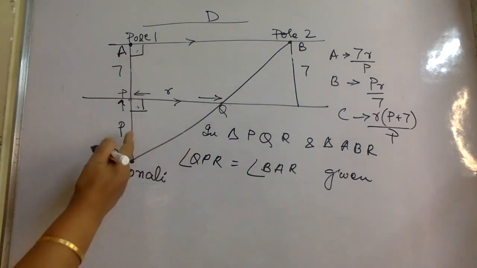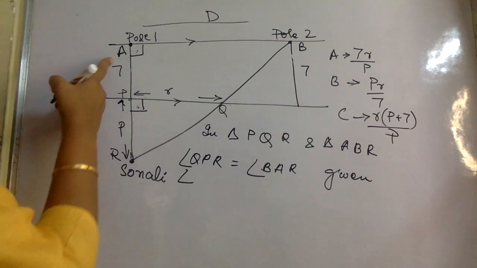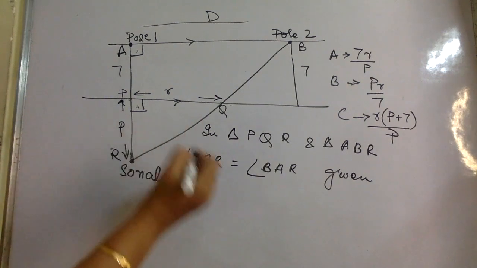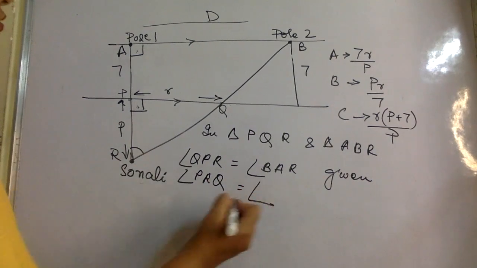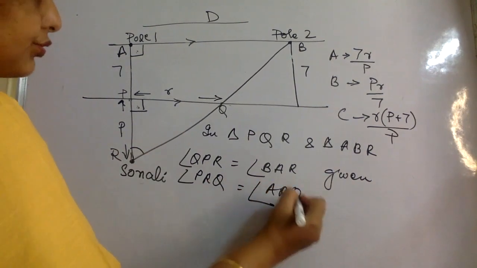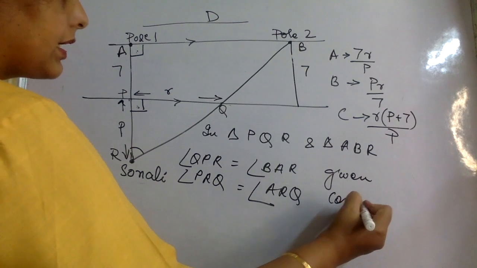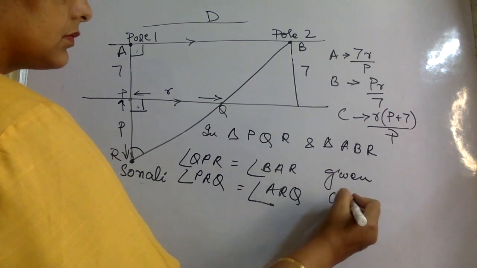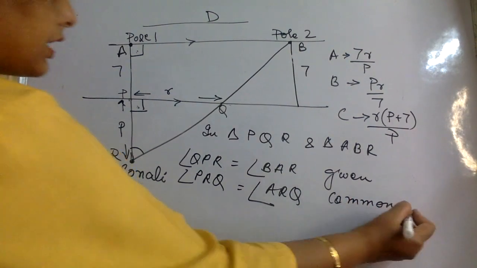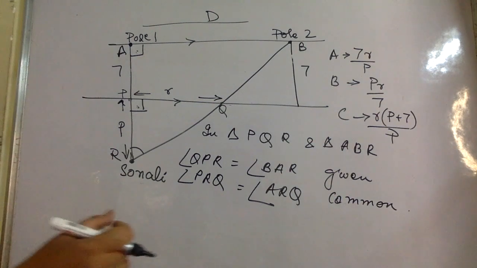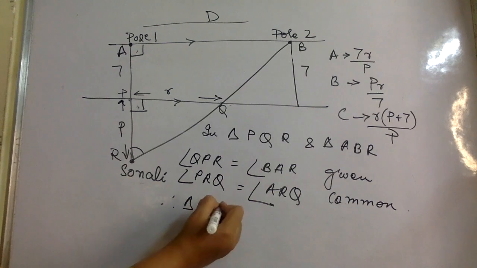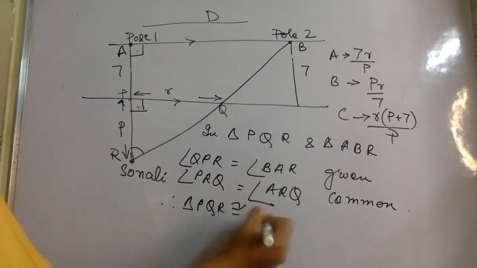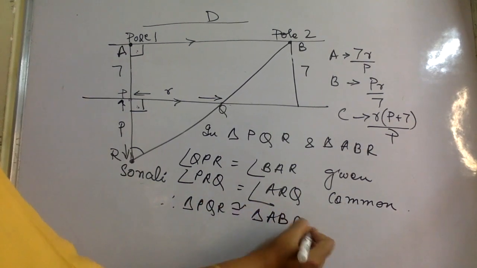Let's come to the second angle, which is angle PRQ, that is this angle, is equal to angle ARB, same angle. Okay, it is the common angle between the two triangles. Therefore, triangle PQR is similar to triangle ABR.